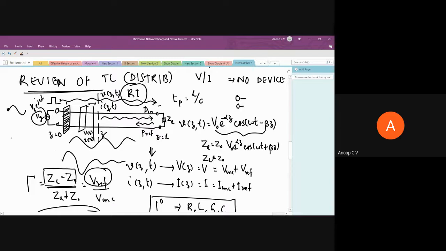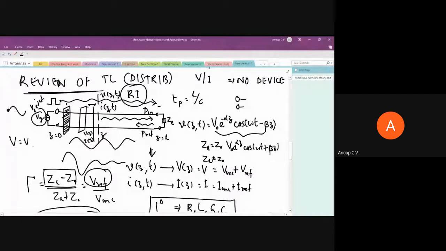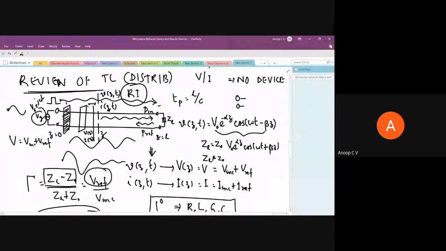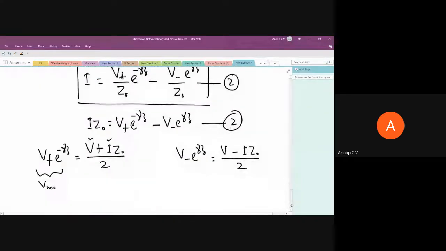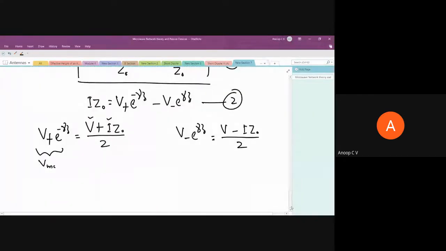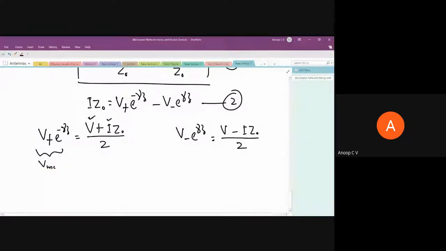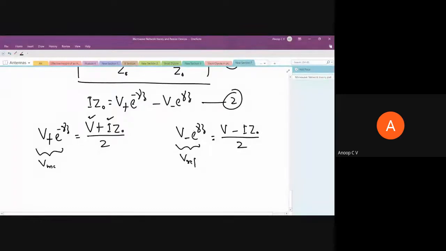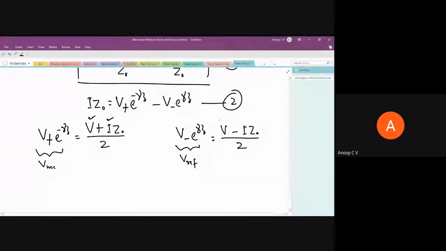This V in turn will be V incident plus V reflected. So I have represented V incident in terms of actual voltage and current, and this is V reflected in terms of actual voltage and current.